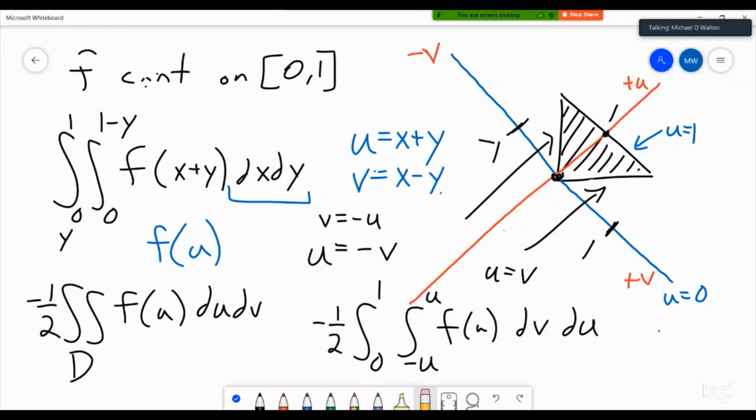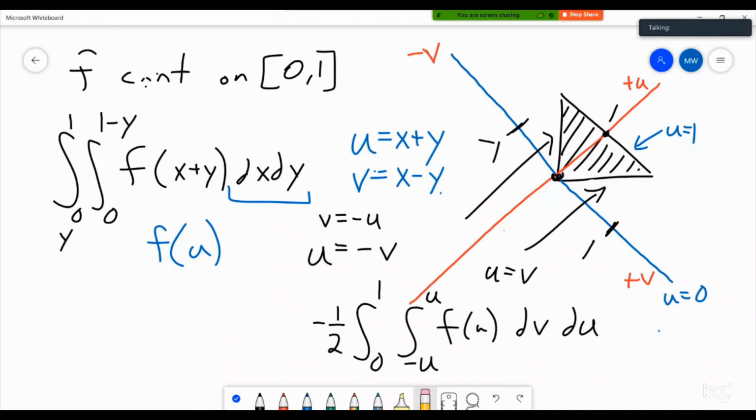Okay. So now that we have that, now we just have to integrate that and figure out what that's going to turn into. So, if we integrate the innermost one, we are integrating something in terms of only u with respect to v. So we can essentially just pull that u thing out and just treat it as a constant. So we are integrating 1 from -u to u with respect to v.